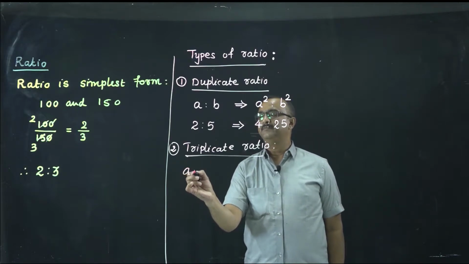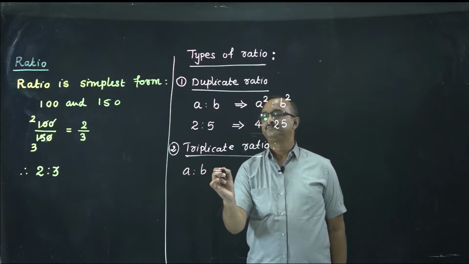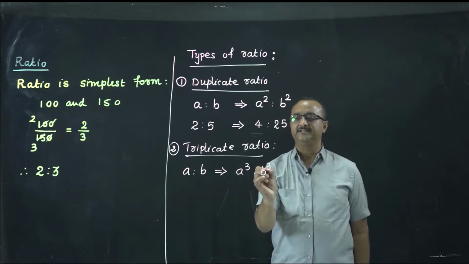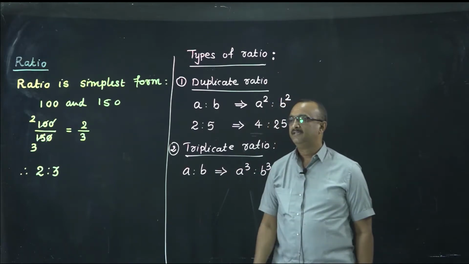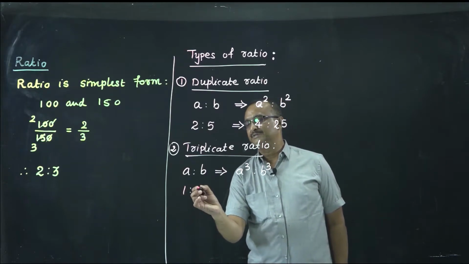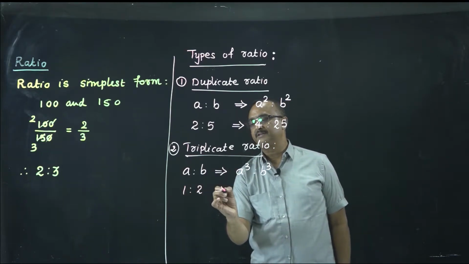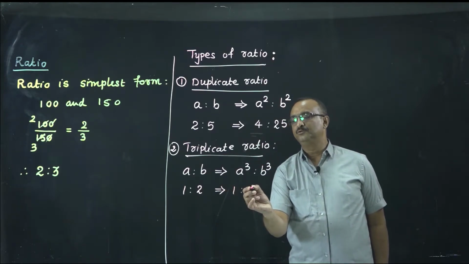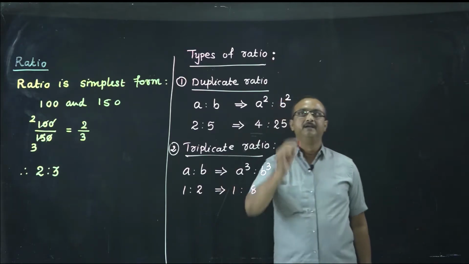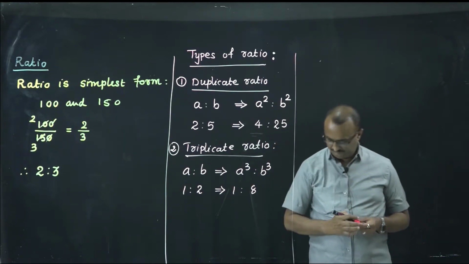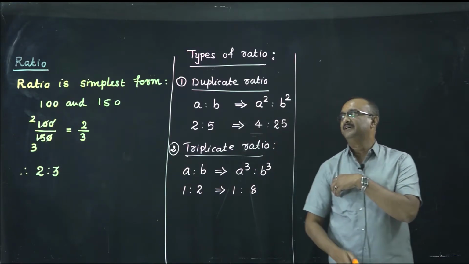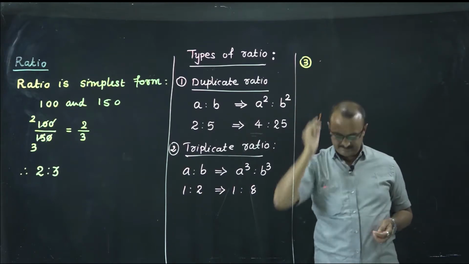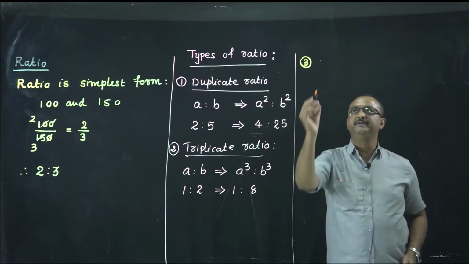If A and B are two terms, then A cube and B cube is called the triplicate ratio of A and B. If 1:2 is given, what is the triplicate ratio of 1:2? It is 1:8. Now, next one, number 3, subduplicate ratio.